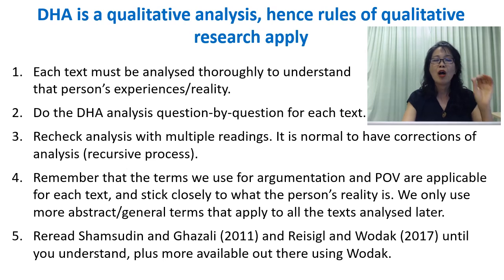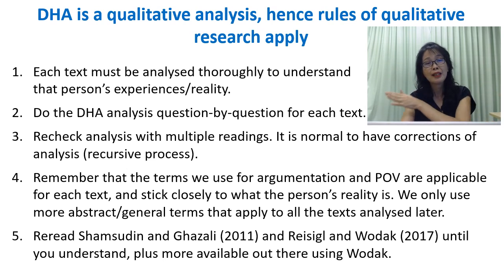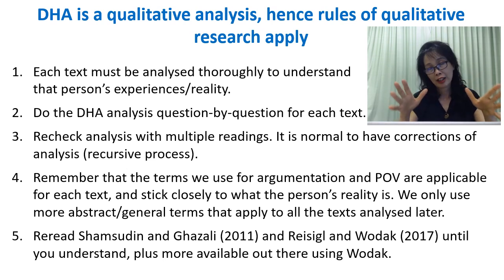And number 4, remember that the terms we use for argumentation and point of view are applicable for each text, and stick closely to that person's reality. We do not use abstract terms at the very beginning. We stick to their terms because it is their reality. Later, when we move to conclusions, we might then use more abstract terms that cover the terms that are used by a few individuals.